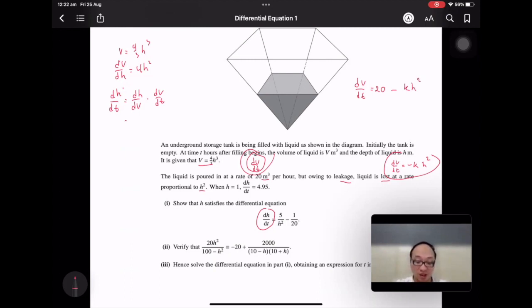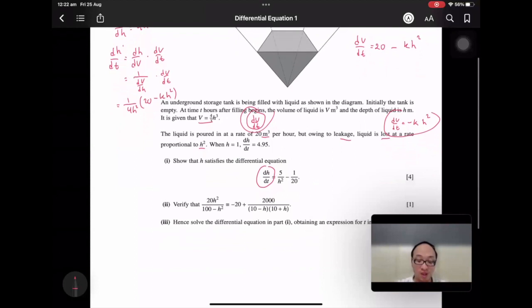So dh/dV is 1 over dV/dh, times dV/dt. So this equals 1 over 4h squared times 20 minus kh squared. I can simplify: dh/dt will be equal to 5 over h squared minus k over 4.